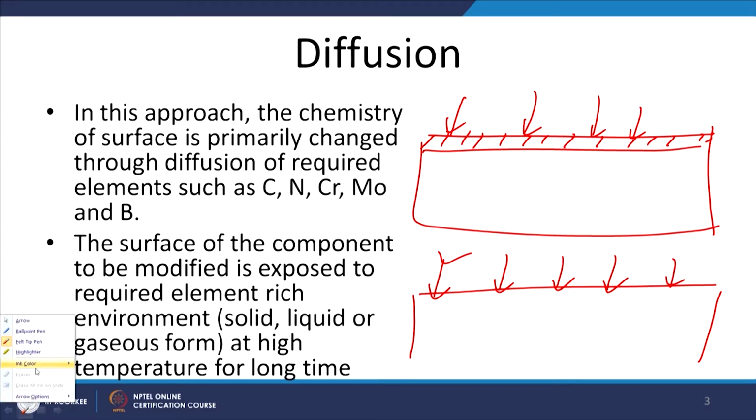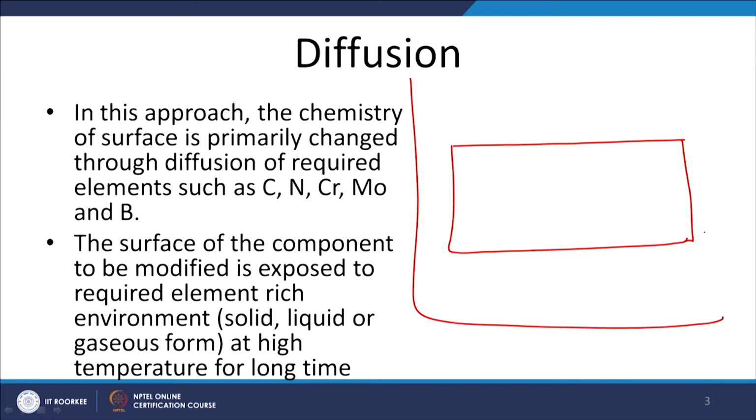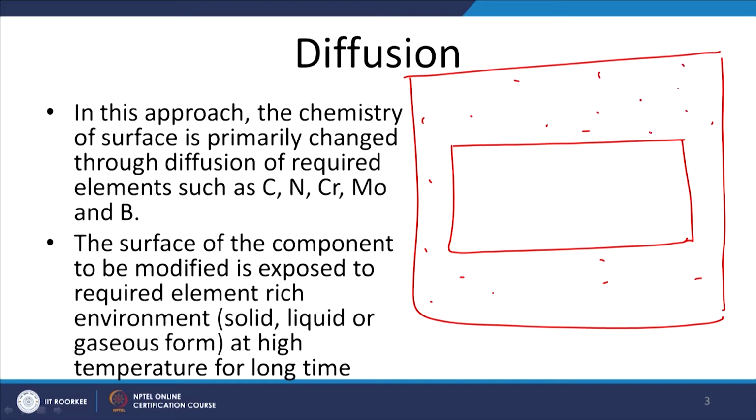In this diffusion based approach, basically what we do is take the component, and a suitable environment of the suitable element is created in very controlled conditions, and then high temperature conditions are created, so that the required element gets diffused onto the surface layers.